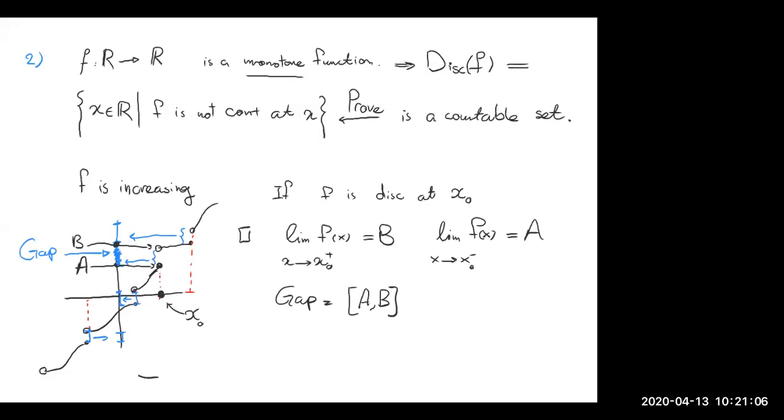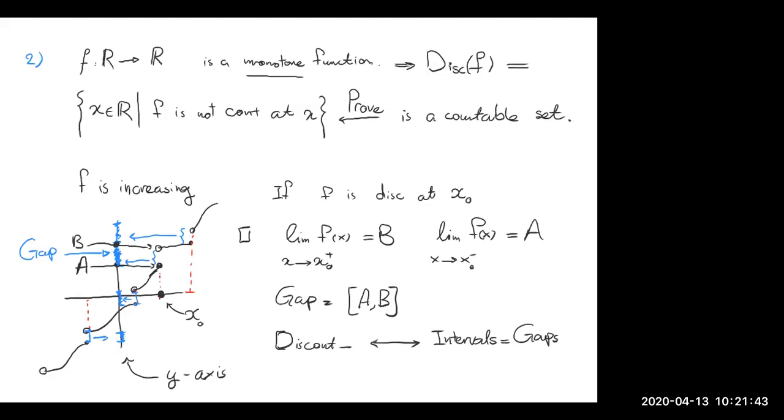So if we look at the y-axis, each point of discontinuity gives us an interval here. That interval corresponds to the gap at that discontinuous point. So discontinuous points are in correspondence to some intervals, which are gaps at those discontinuous points.